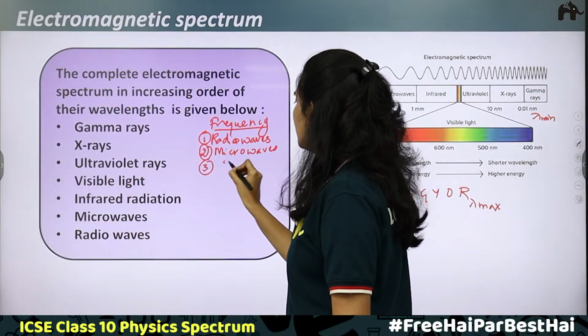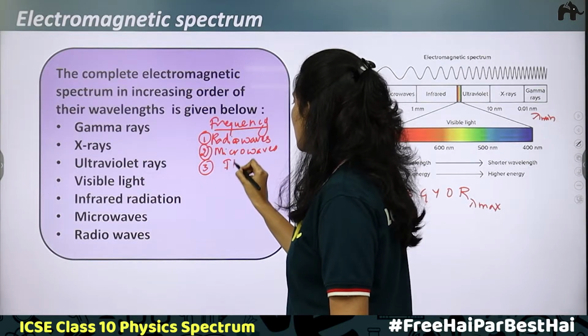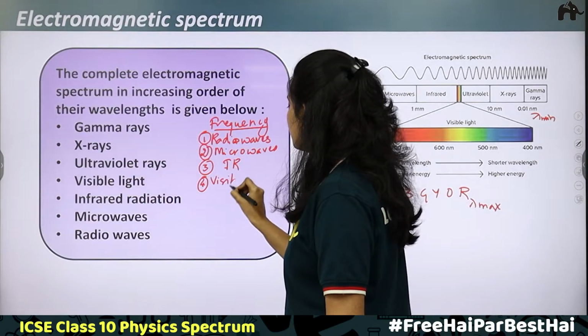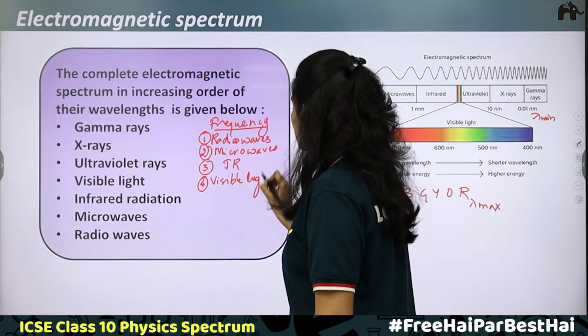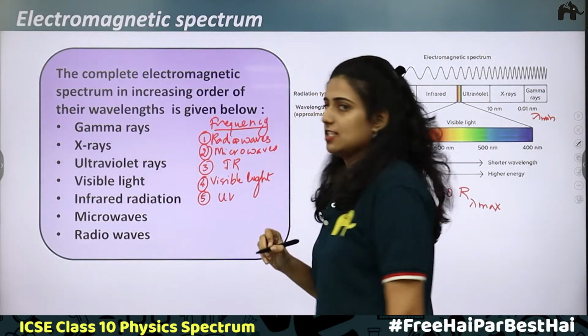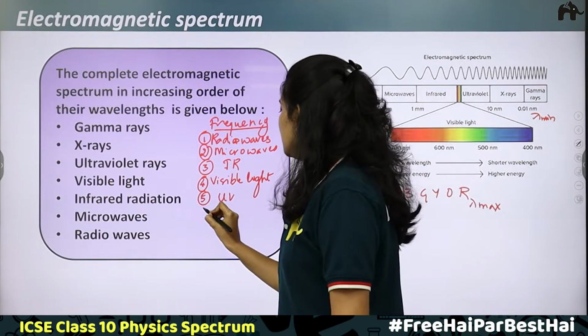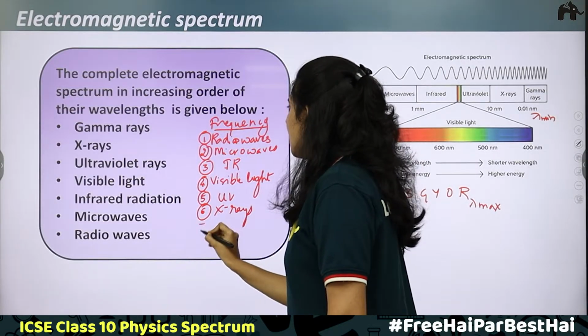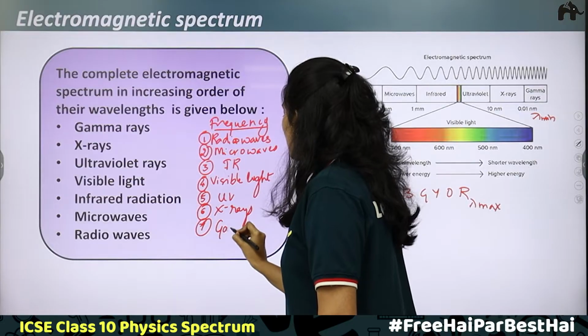Third, you will have infrared radiation, IR. Fourth is visible light. Fifth, you will have ultraviolet radiations, UV radiations. Then sixth, you will have X-rays. And seventh will be gamma rays.